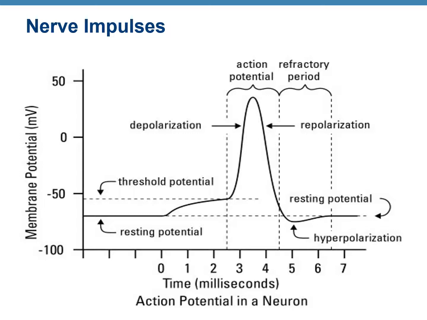This is repolarization. This is where potassium ions are moving out to make the outside more positive again. Sometimes hyperpolarization may occur. You see the graph dipping even below the baseline, below the resting membrane potential. And finally, the refractory period, the resting membrane potential is restored.